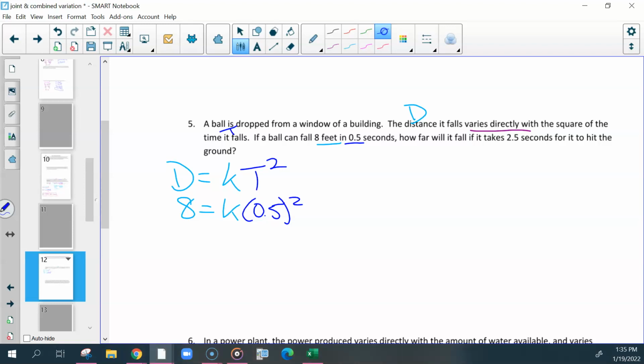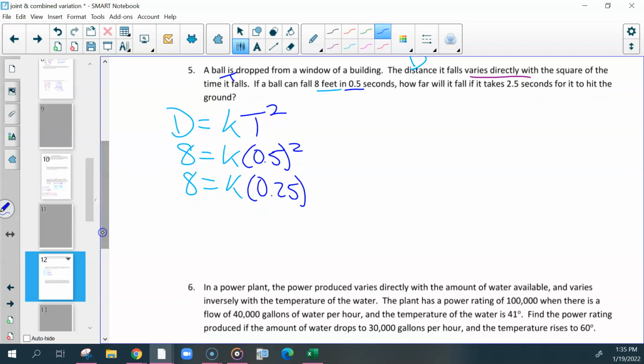So we can solve for k. For this first, we get 8 equals k times 0.25. And then divide both sides by 0.25, so that k equals 32.